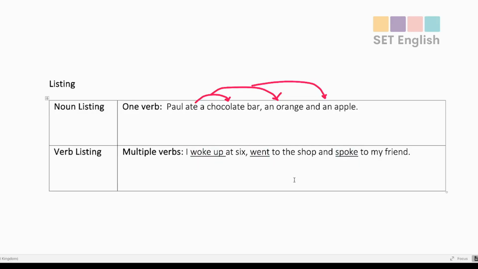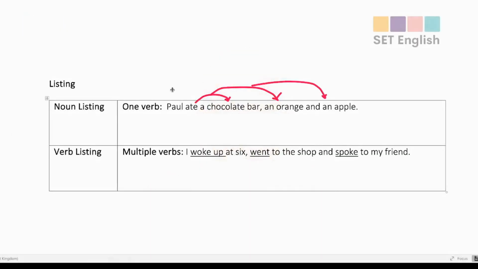So that's important. Now we're going to do something which is really important, and we're going to think about something called items. In this first sentence, a chocolate bar is an item, an orange is an item, and an apple is an item.